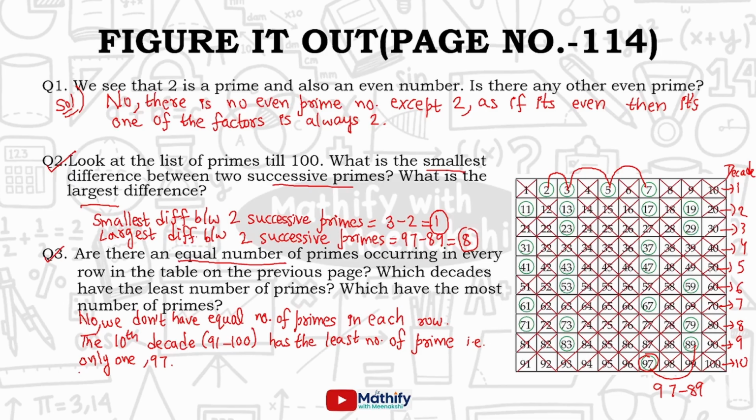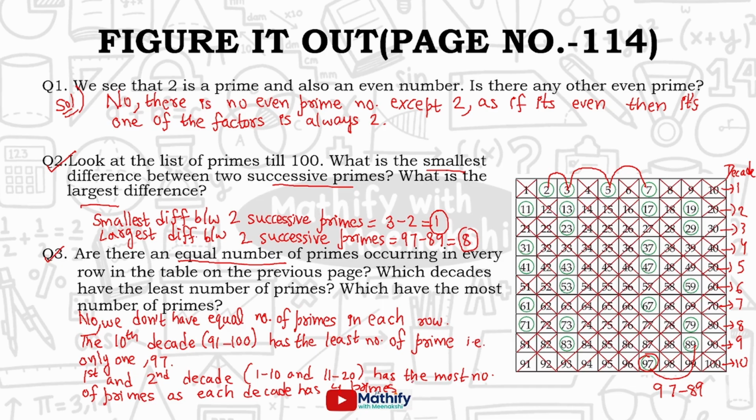And where we have the most number of primes, you can see in the first and second decade, we have 4 primes. So we'll write the first and second decade, that is 1 to 10 and 11 to 20. I'm writing the decade too in case you get confused. They have the most number of primes, as each decade has 4 primes.